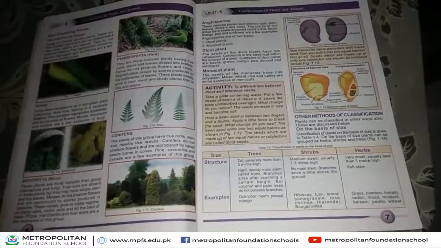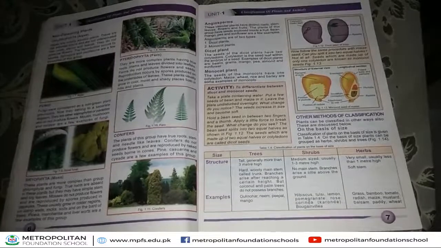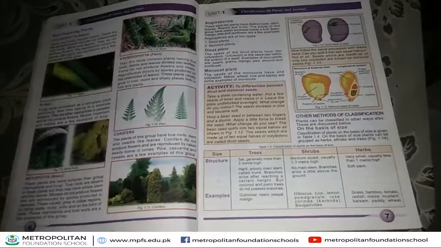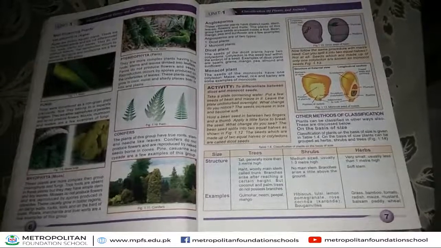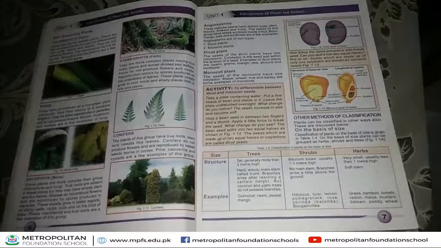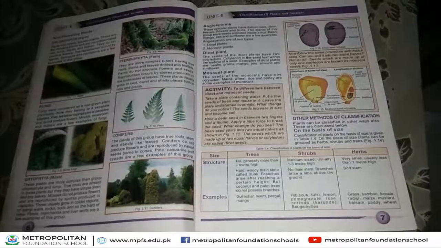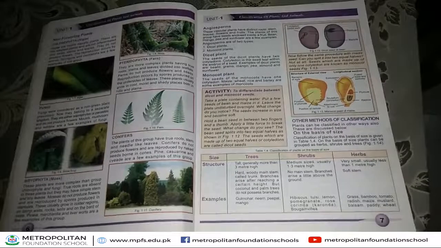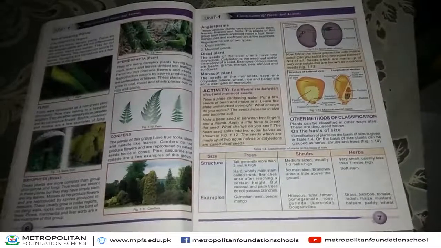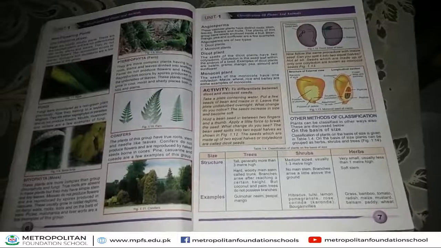These fern plants are included in Pteridophyta. The leaves of this plant are divided into leaflets. They do not produce flowers and seeds. They reproduce by means of spores.